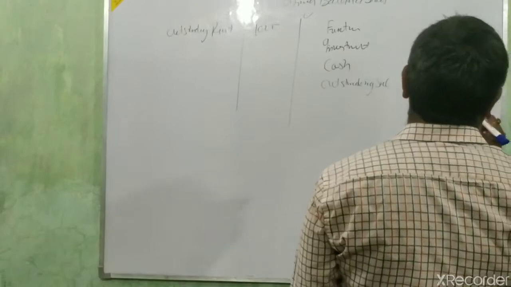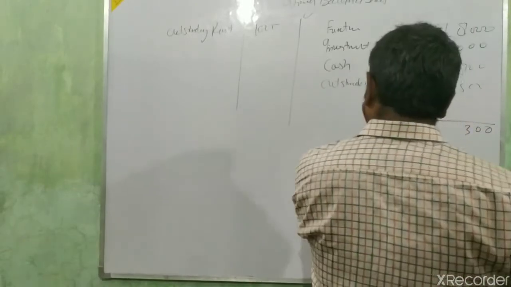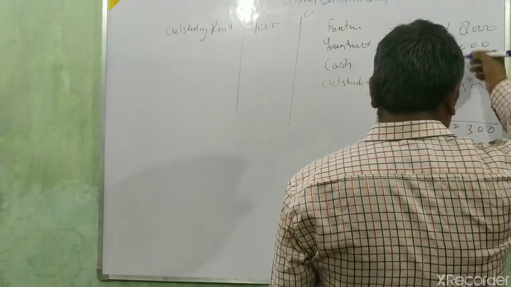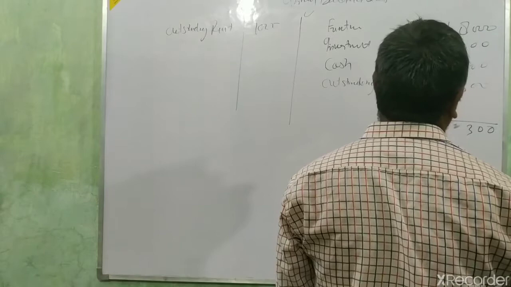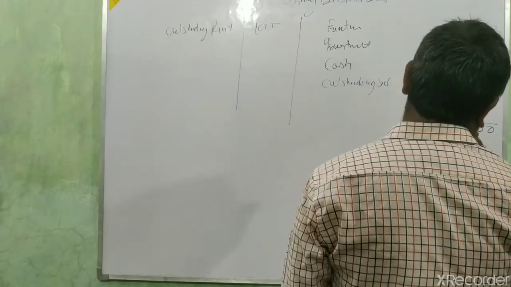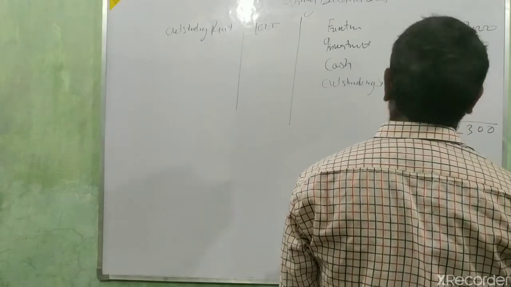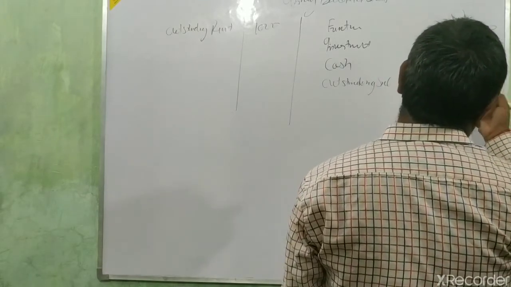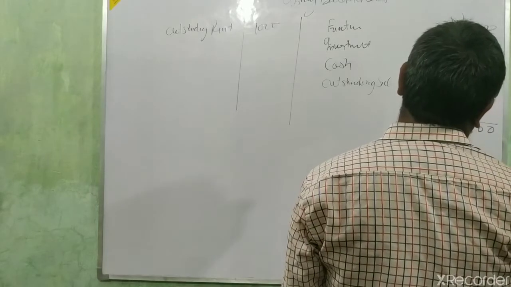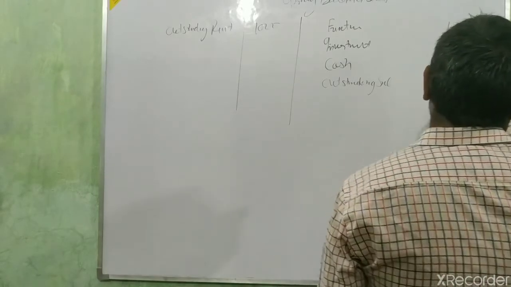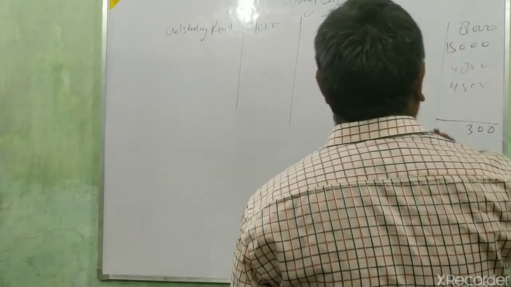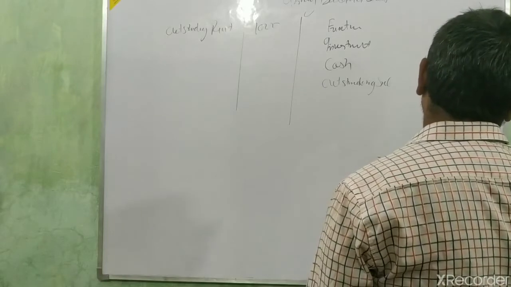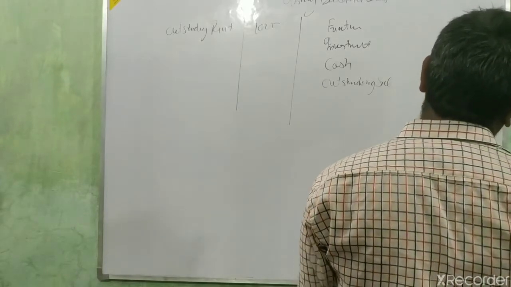Just go for the next. 8 and 8, 16, 16, 5, 1, 1, 1, 2, 32,300.